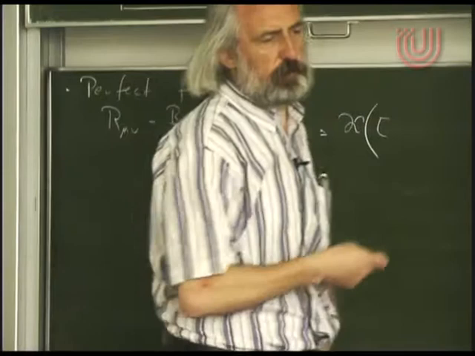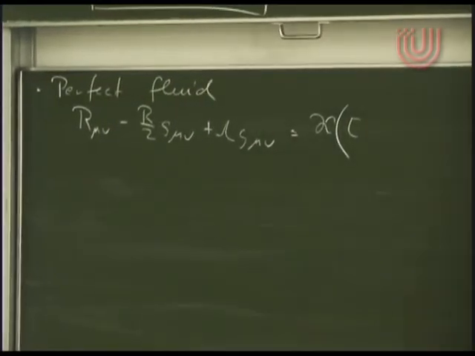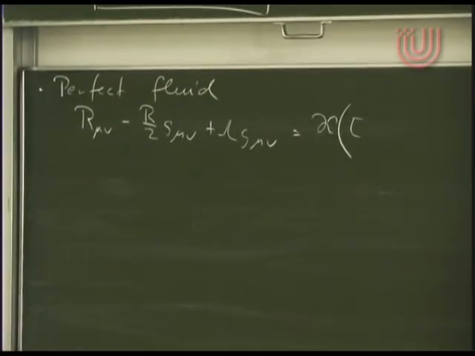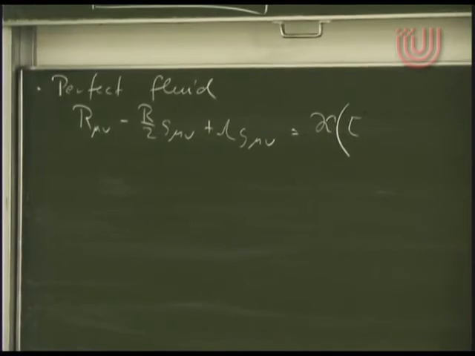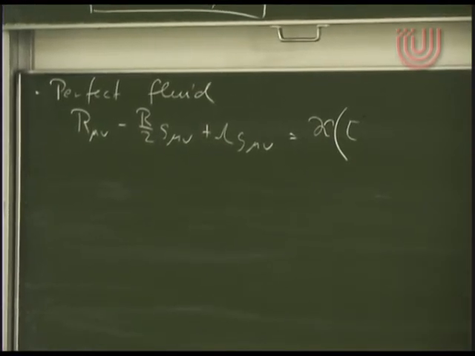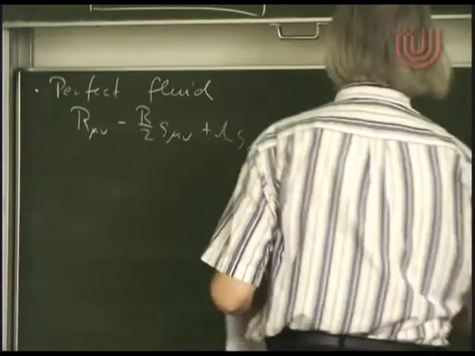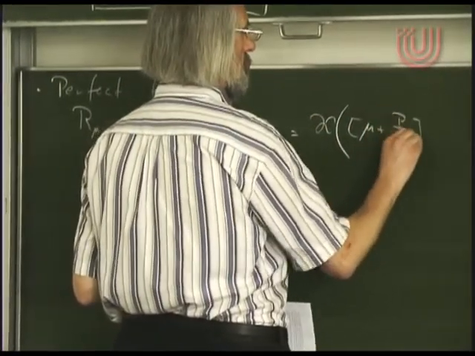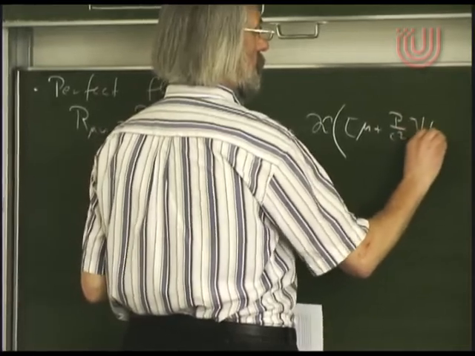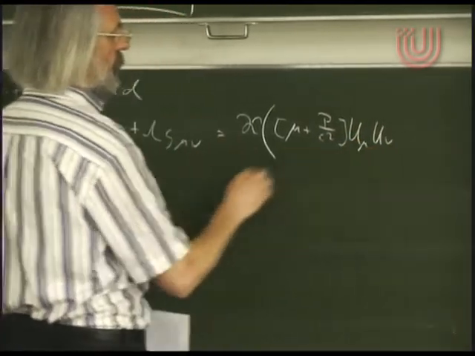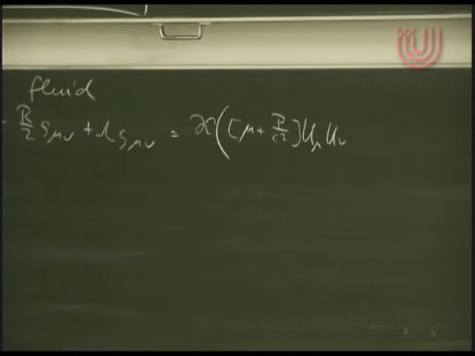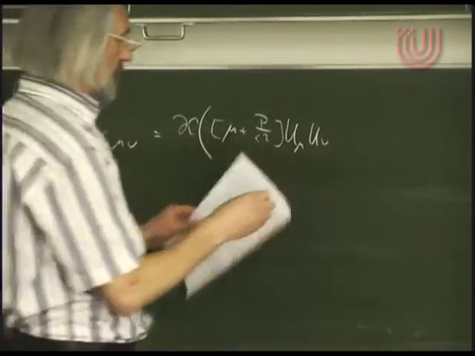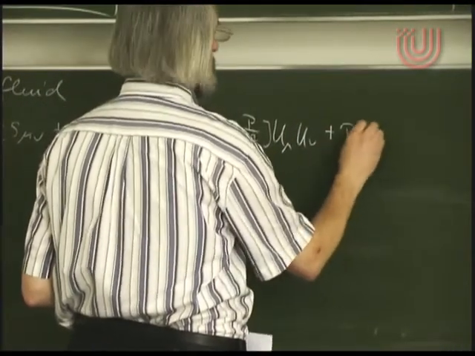So what was it? Mu plus P over c squared? I think so. Yes, P over c squared, u mu u nu, that's the four-velocity, mu is the mass density, P is the pressure. And then plus P g mu nu.